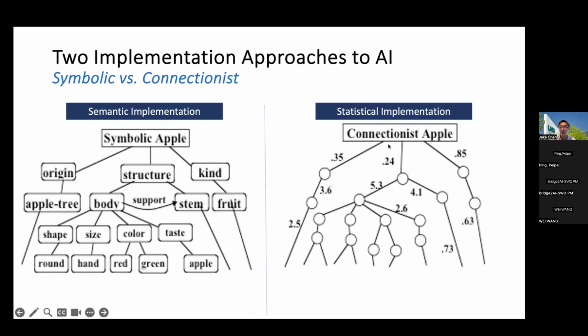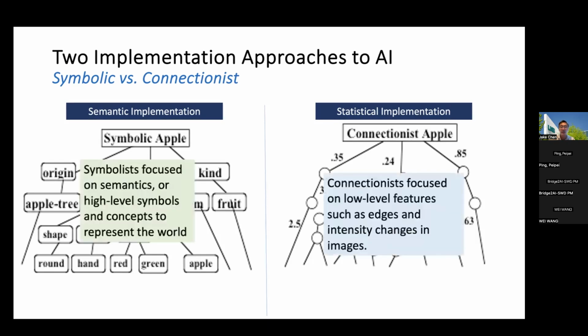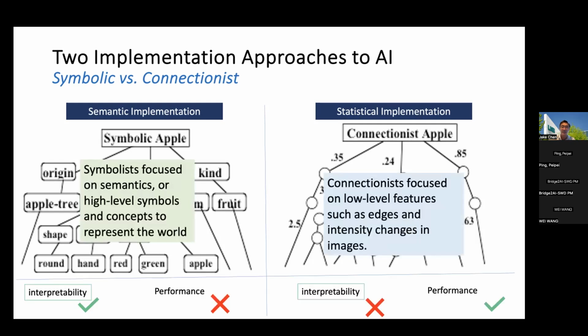The second approach is the second example I listed before, which simply tries to connect with internal nodes. It doesn't matter whether it maps to a symbol or not. These two approaches have not been compatible with each other. One is more interpretable but lacks performance. The other has good performance but may not have good interpretability.